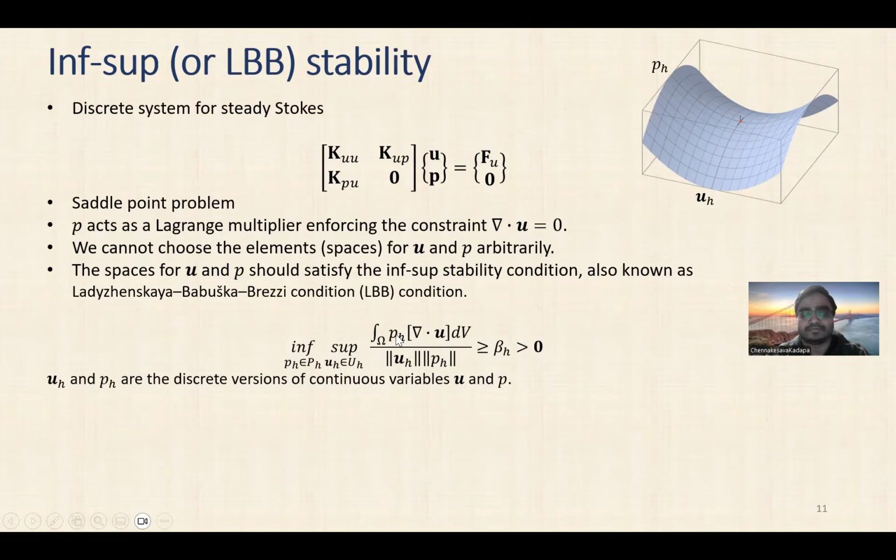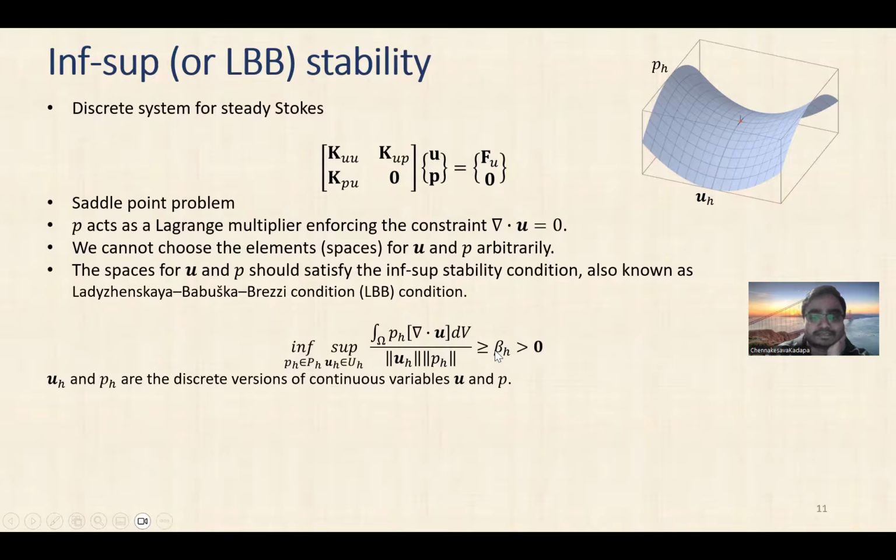The integral of P multiplied by the divergence of U over the whole domain, divided by the norm of U and the norm of P, should be non-zero, and greater than or equal to beta, which should be a constant.